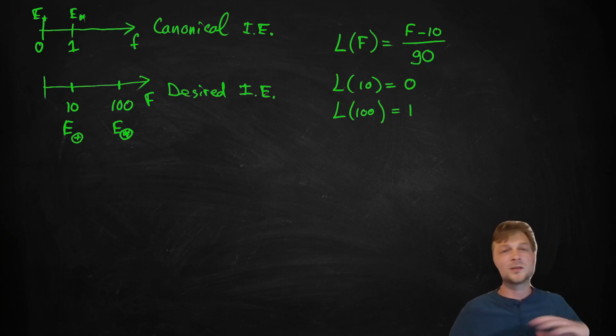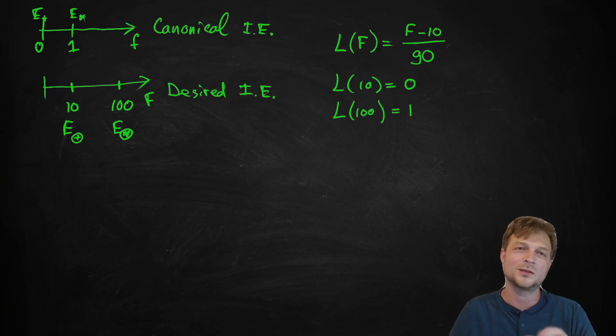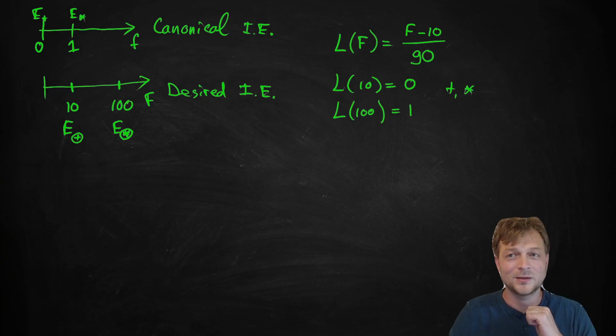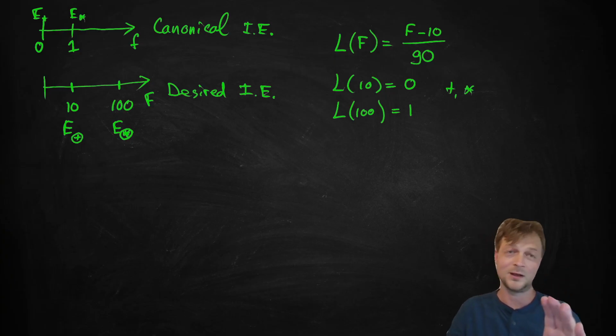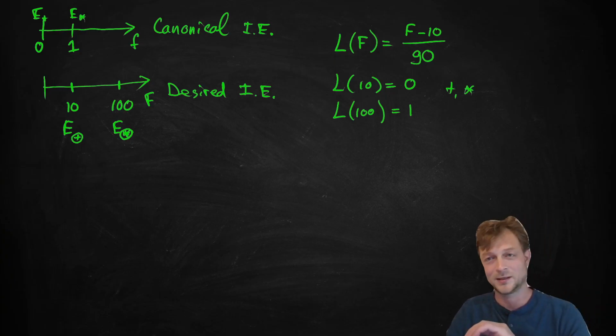When we are transformed into the small f space, we can just use the canonical operations of plus and multiply. After that, we take the result and go back.